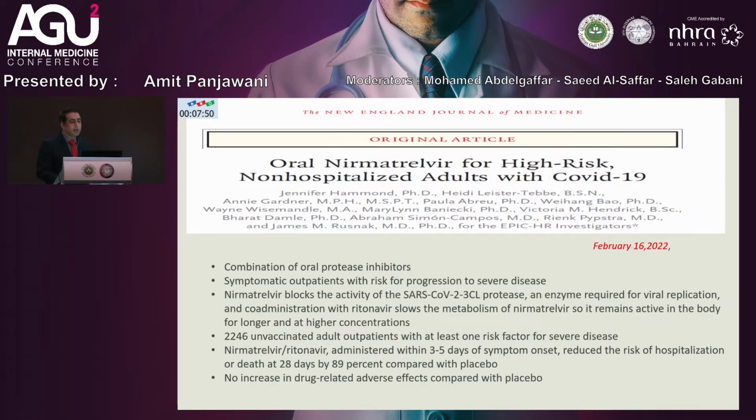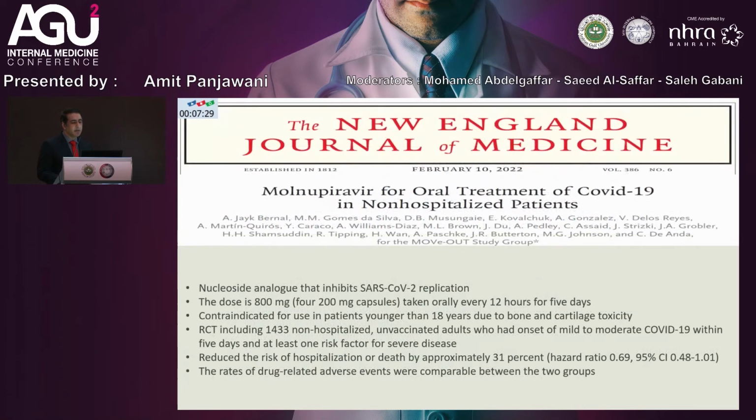Combination of oral protease inhibitors is popular by the trade name of Paxlovid. It's a combination of nirmatrelvir along with ritonavir, and this combination is also found to be useful in the treatment of patients of COVID pneumonia, especially in the outpatient settings.